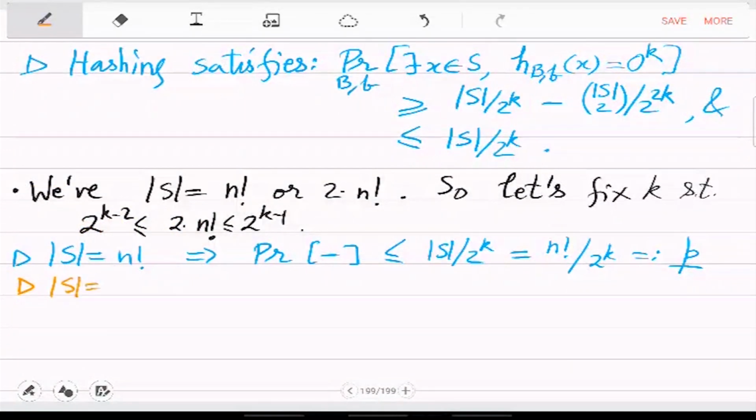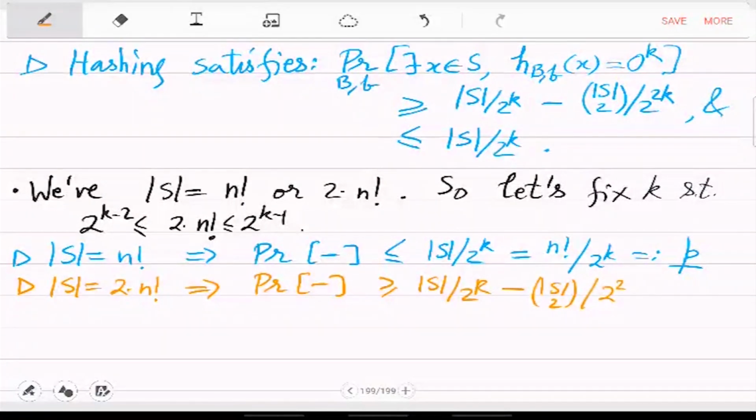And when S is 2n factorial, then the probability is greater than or equal to S by 2 raised to k minus S choose 2 by 2 raised to 2k, which is at least, so let's take S by 2 raised to k out.